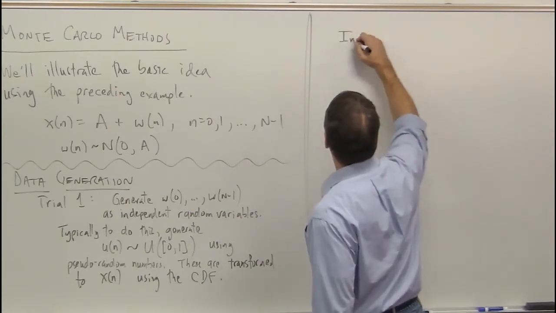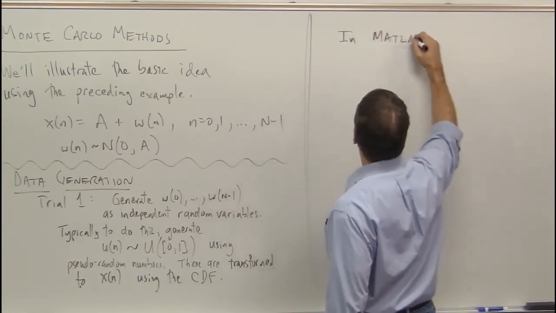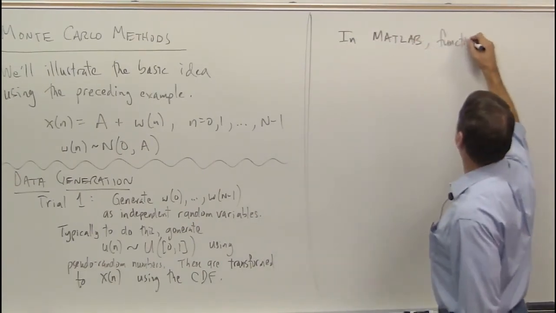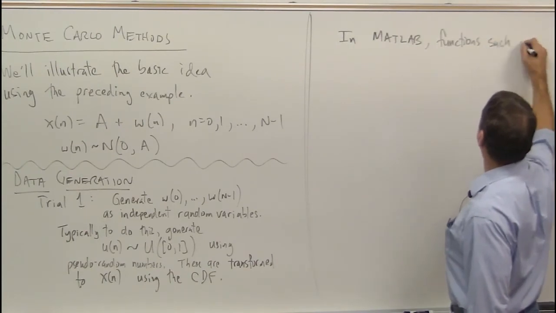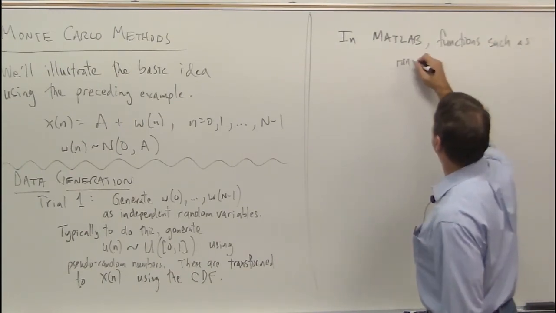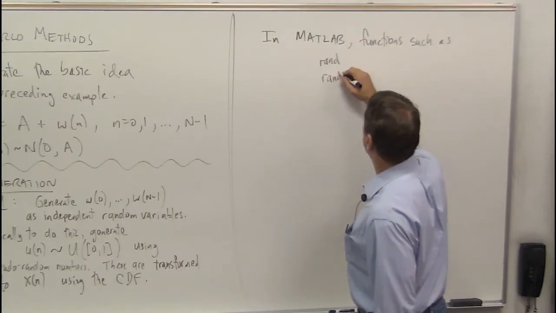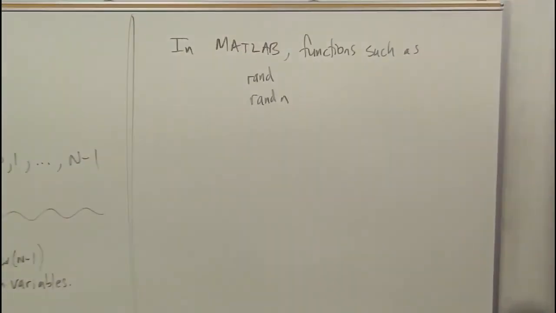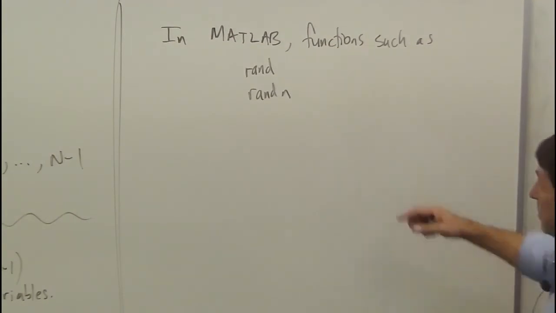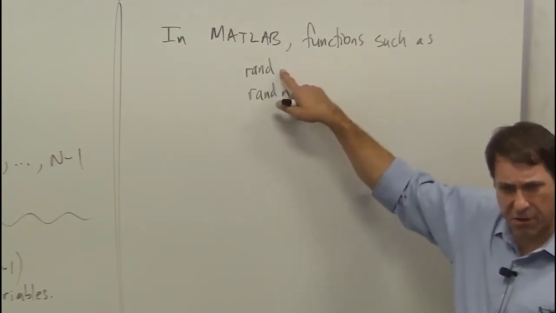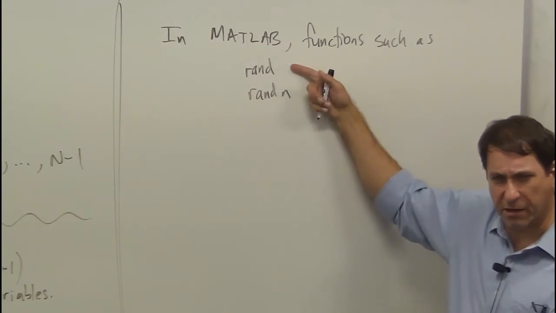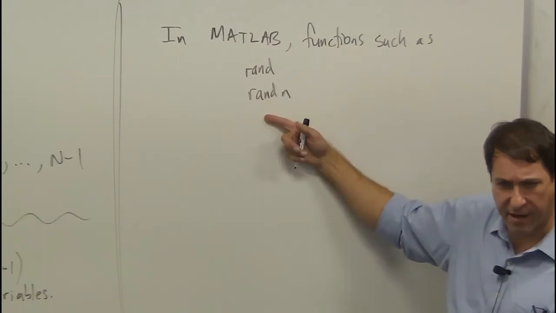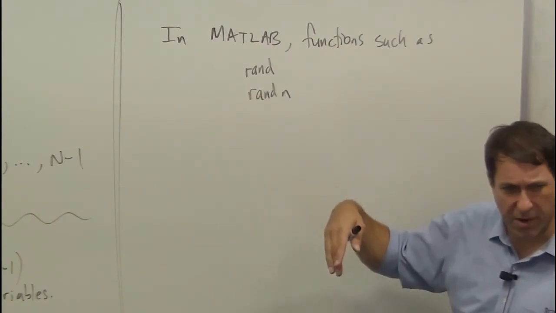In MATLAB, functions like rand and randn, and I don't know, these things have changed their names over the years, but I think rand you can use with some arguments, and the default is that it will generate a random number between 0 and 1. Randn by default generates a Gaussian random number.